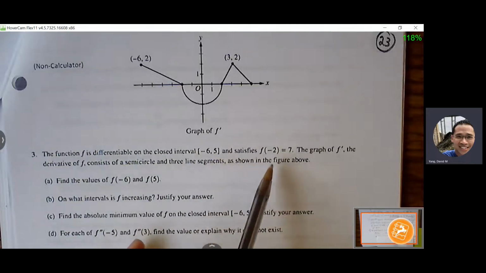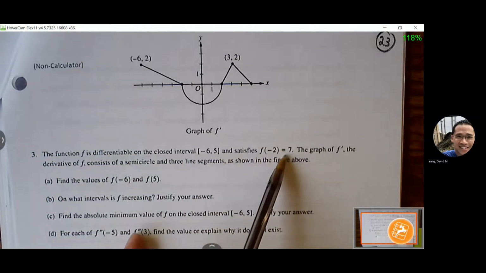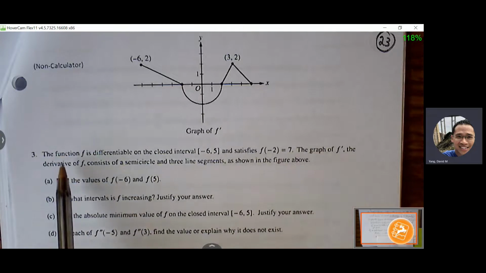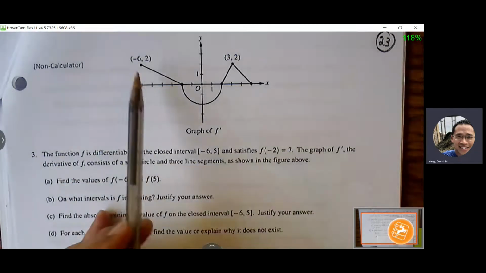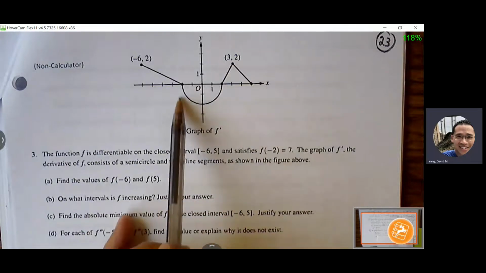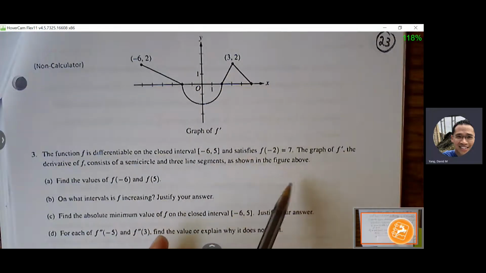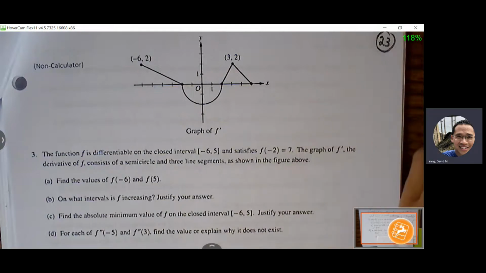It satisfies the ordered pair (-2, 7). The graph of f prime, which is the derivative of f, consists of a semicircle and 3 line segments. So I have 3 line segments and a semicircle shown in the figure above. Find the values of f of -6 and f of 5.